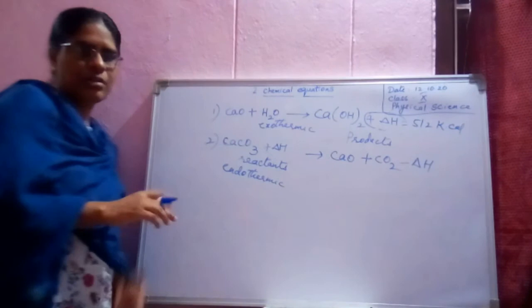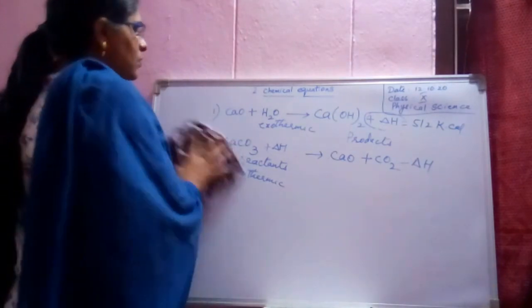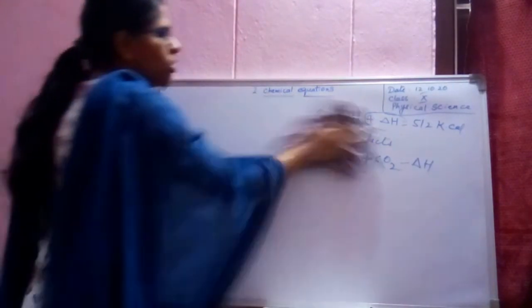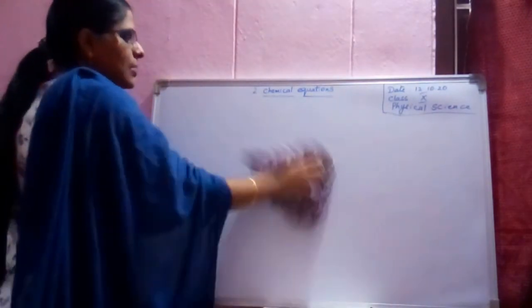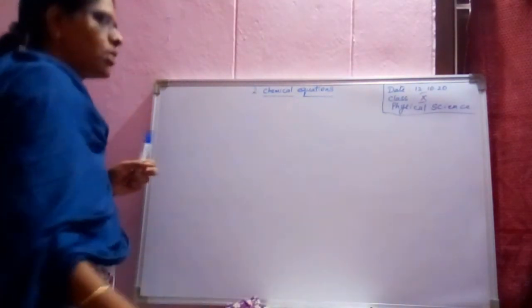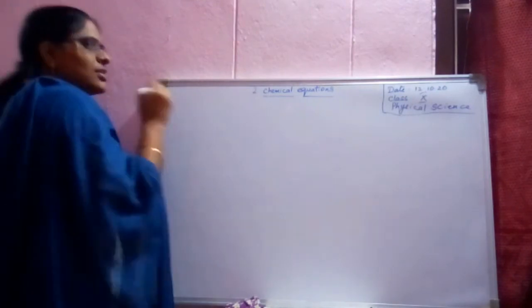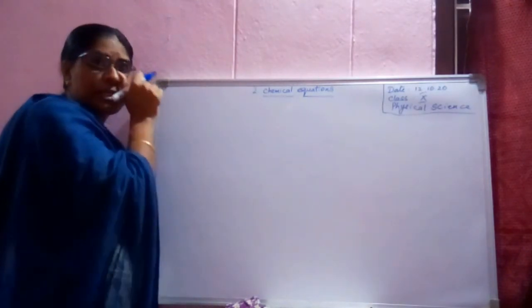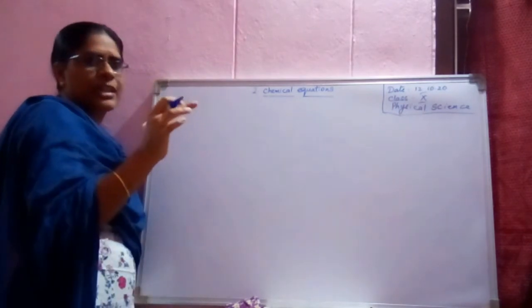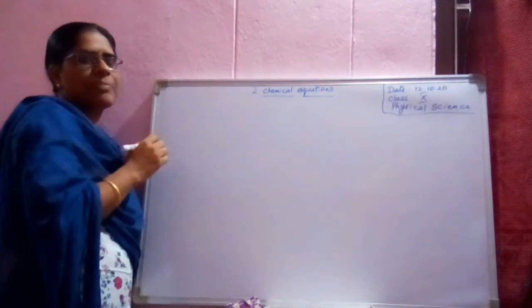Okay, children. Now, we will do one activity based on your chemical reaction or chemical change. See, the same activity is there, Activity 3 in your textbook, in the second chapter.